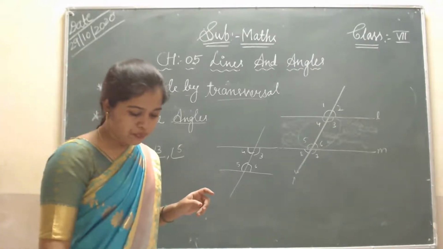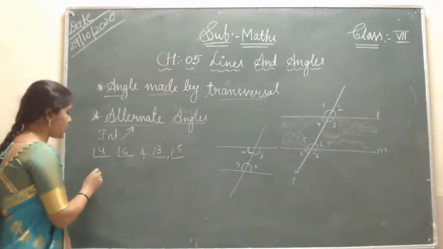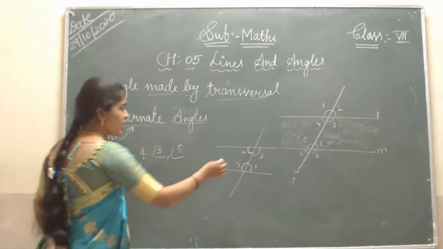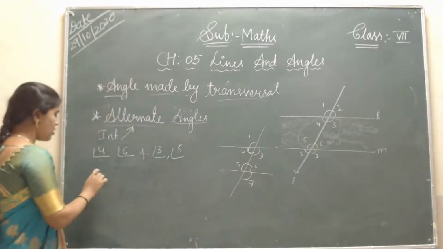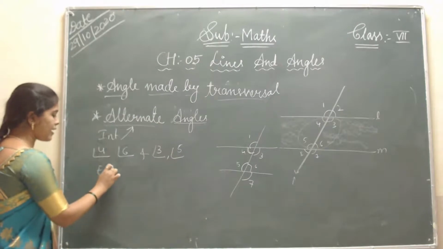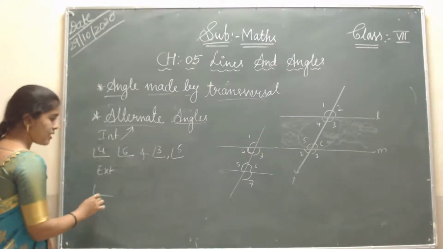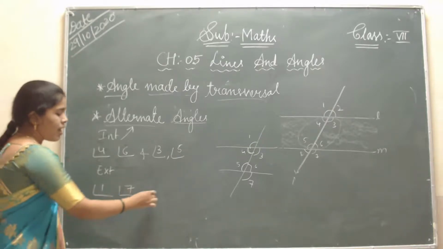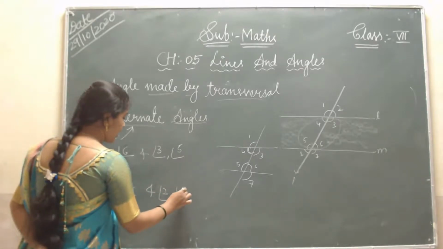Next, exterior. See in this, which is the exterior alternate angle. One is exterior here, and one is exterior to 7. So exterior alternate angles: first angle 1 is alternate to angle 7 and angle 2 is alternate to angle 8.